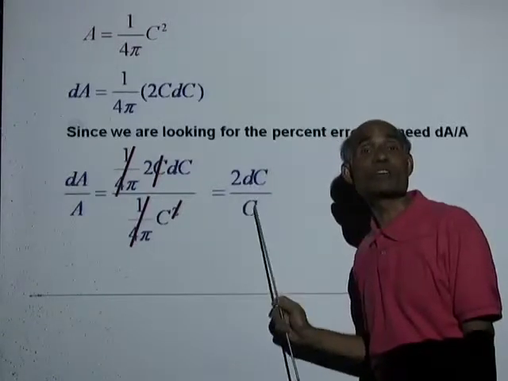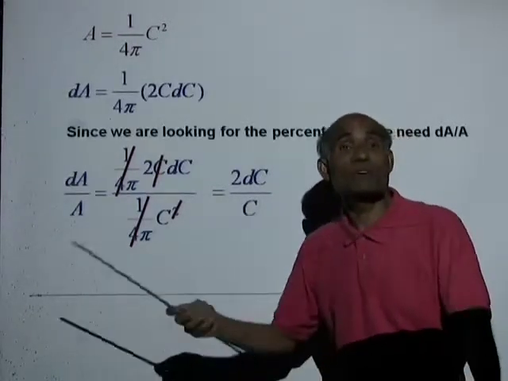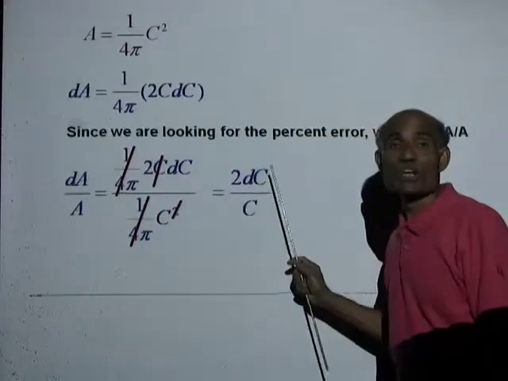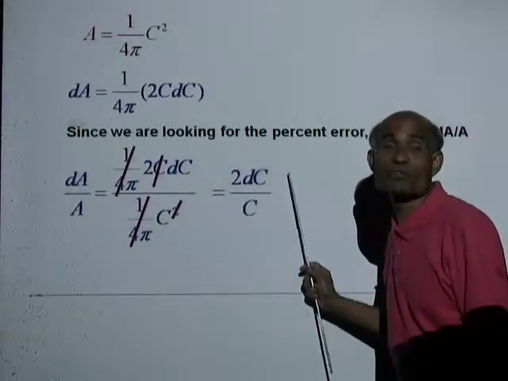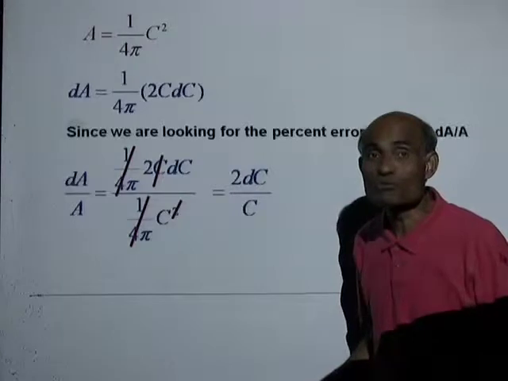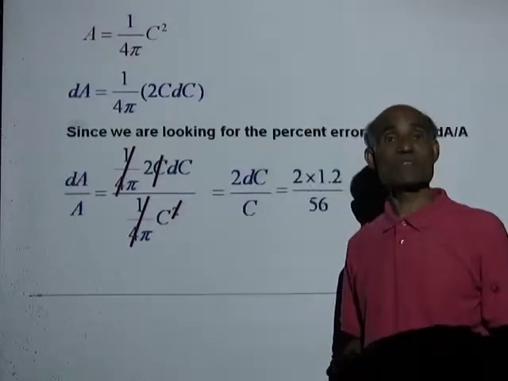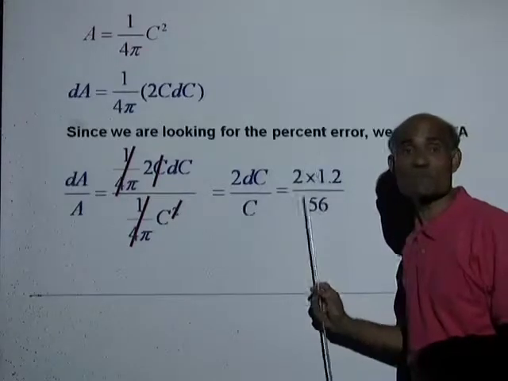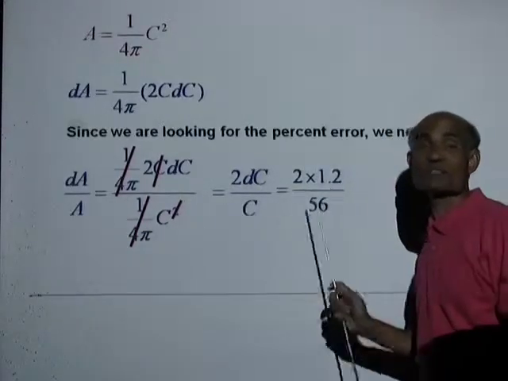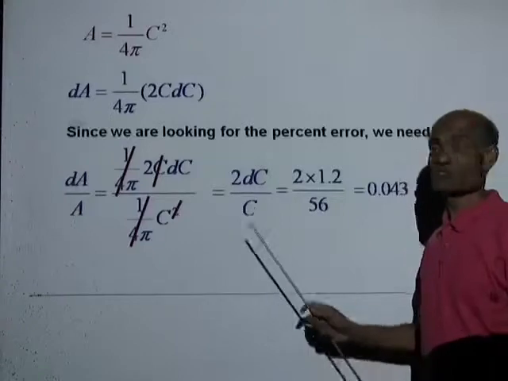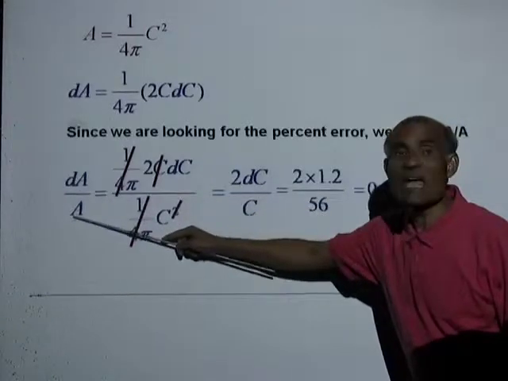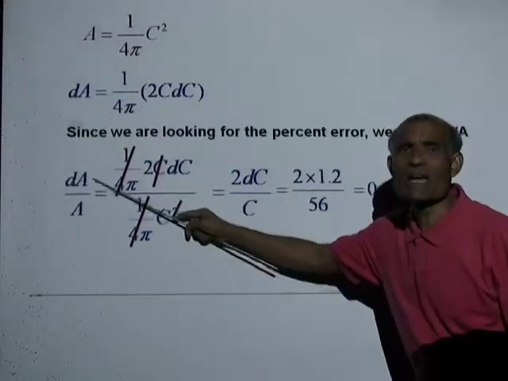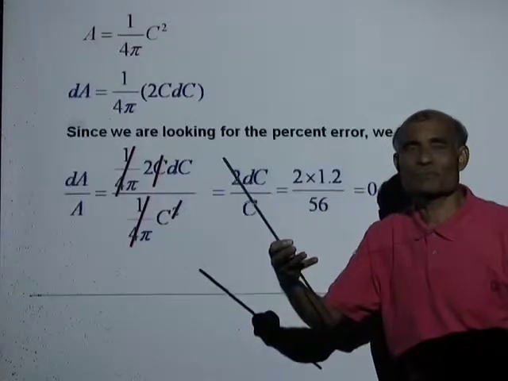We know dC, we know C. We have been given those values. We replace those values and multiply by 100. That will give you the percent error. So dC is 1.2 centimeter, C is 56 centimeter. So dA by A, what do you call that? dA by A is called the relative error.